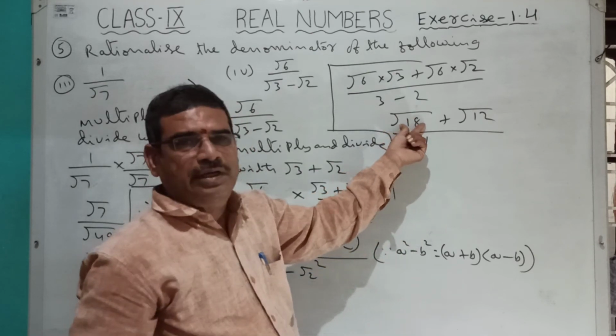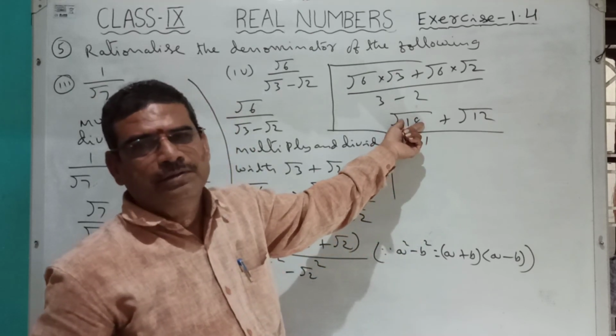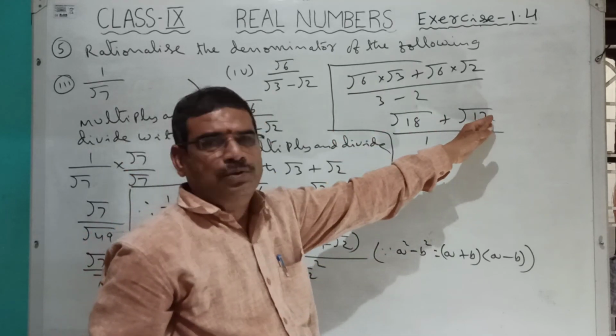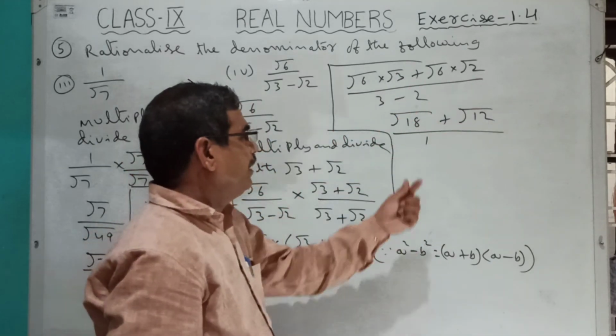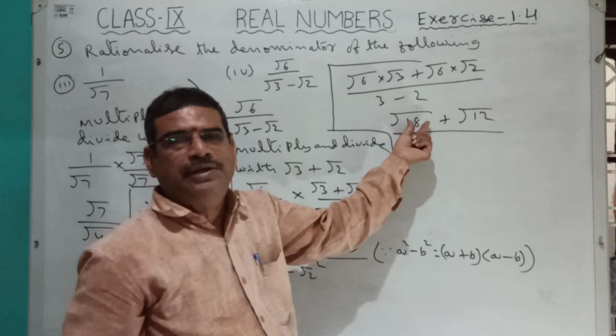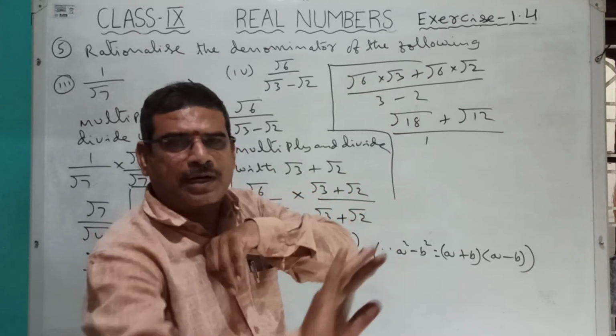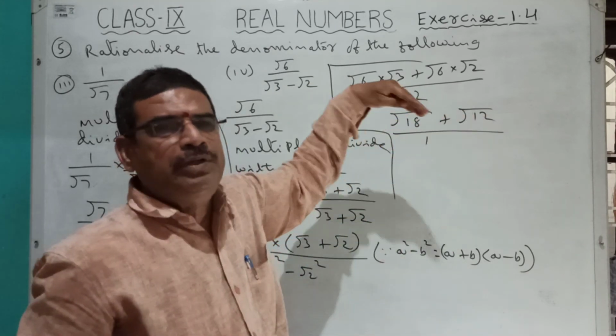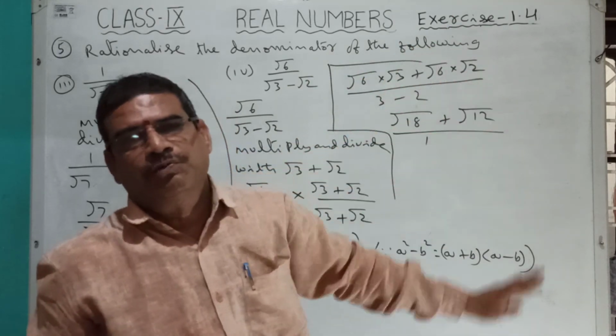So is there any square root value for 18? No. Here also no direct value. But I can split this 18 into two parts, where one part should be a square root value.